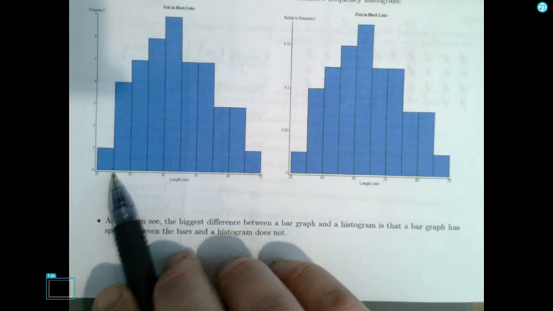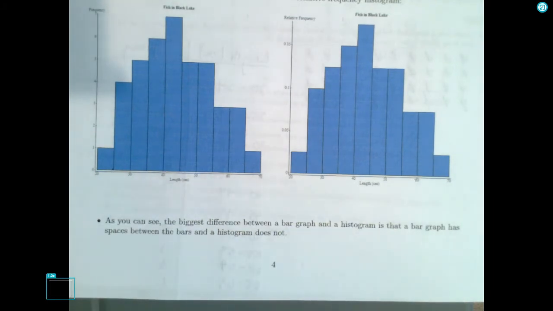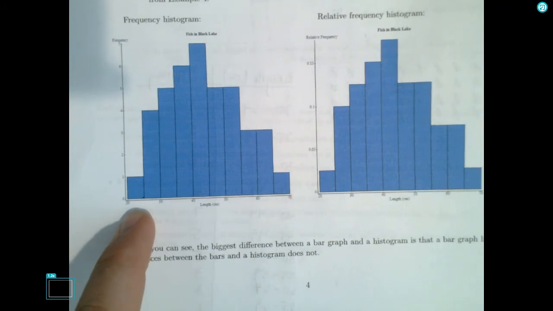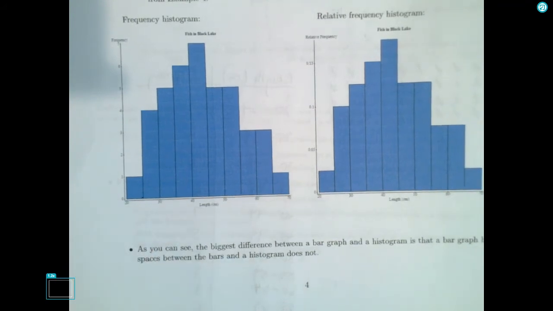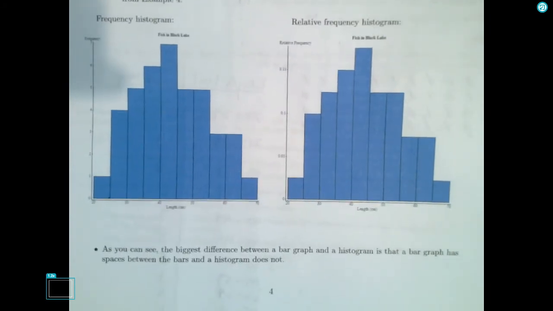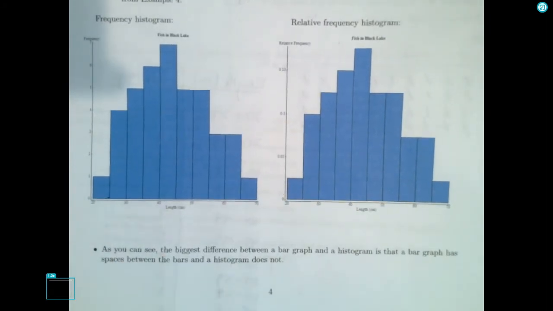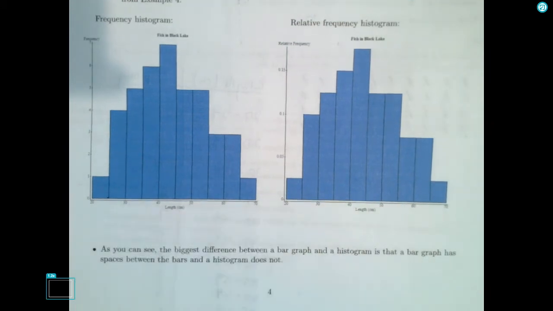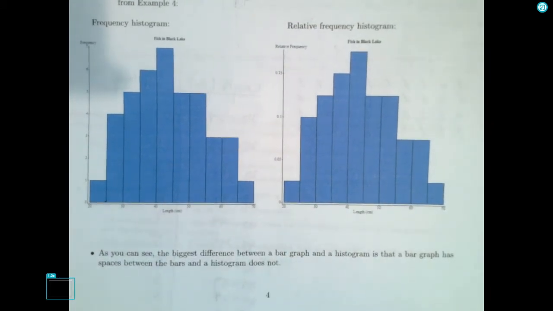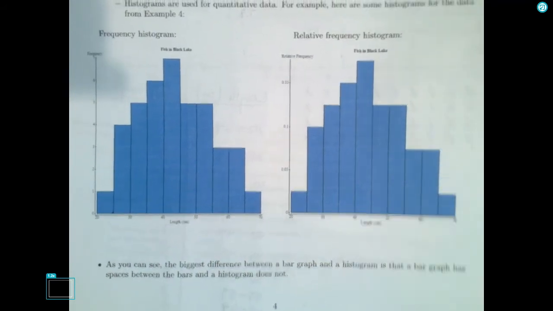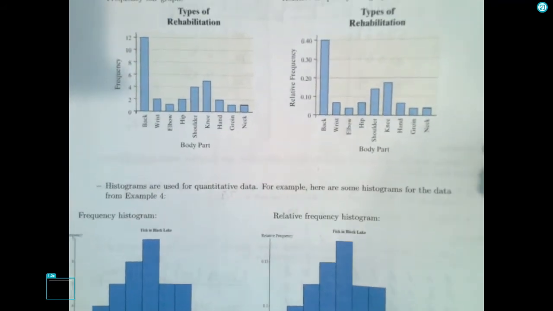The bars shouldn't have any gaps, because gaps would suggest that there are no fish between, say, 23 and 25, which you don't necessarily know. So that's the mathematical reasoning behind why histograms shouldn't have gaps. It's a minor detail, but it is important. Make sure that your histograms don't have gaps, but that your bar graphs do.